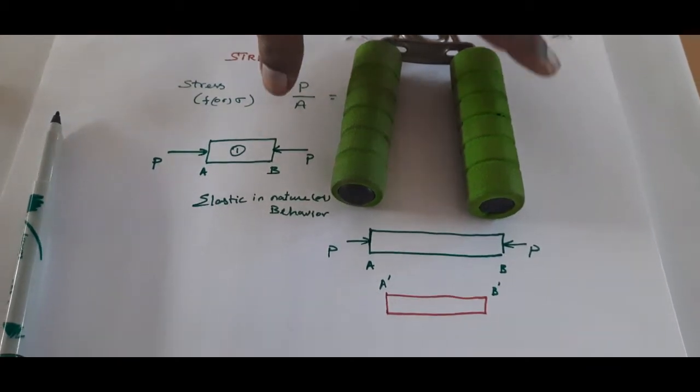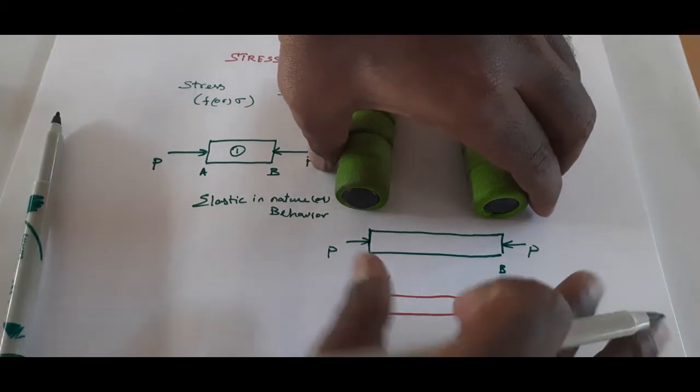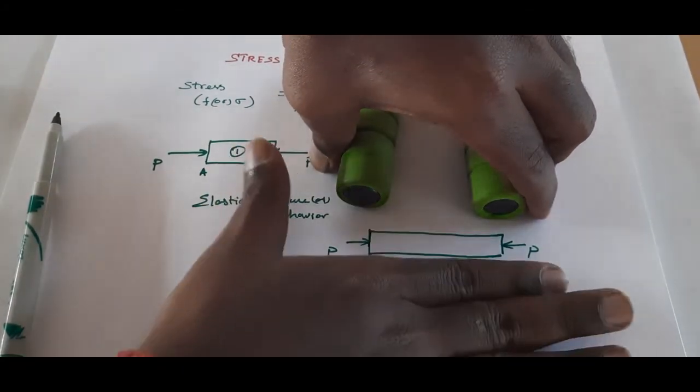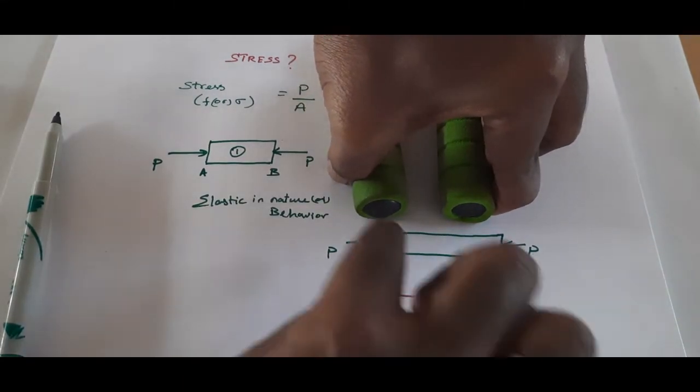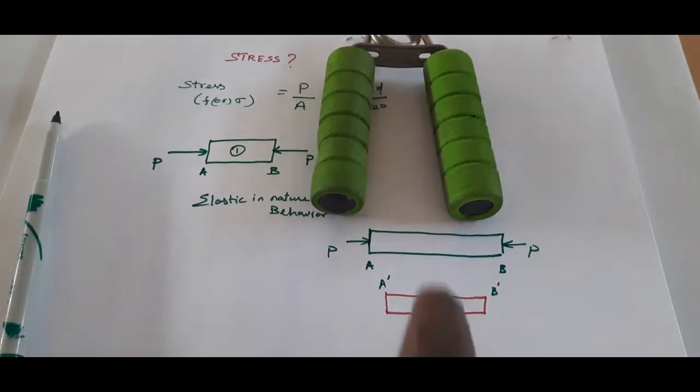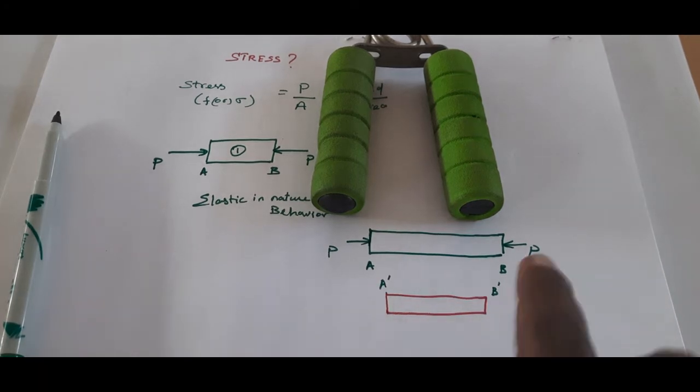This compression has been occurring here. The green is the original size. Now I am pressing, I am using P. Due to this P, it comes to the new position A dash and B dash.